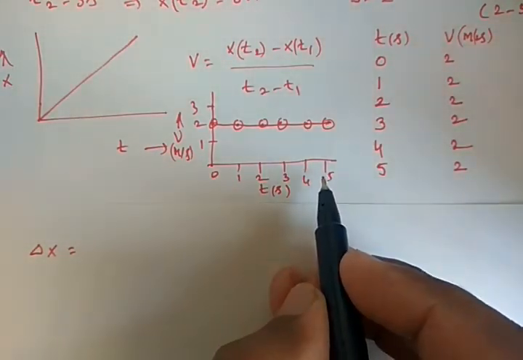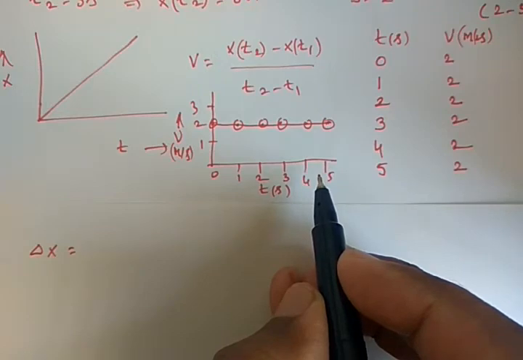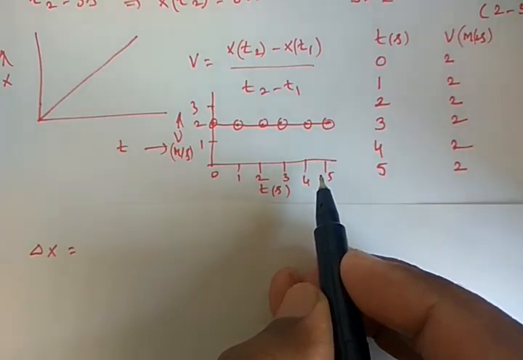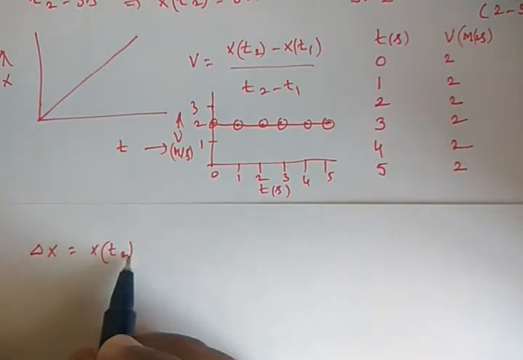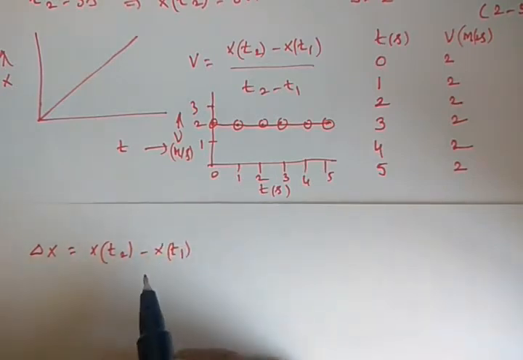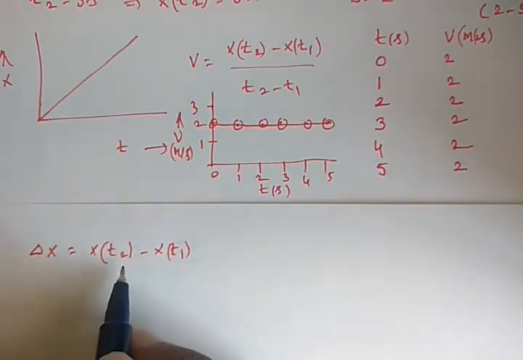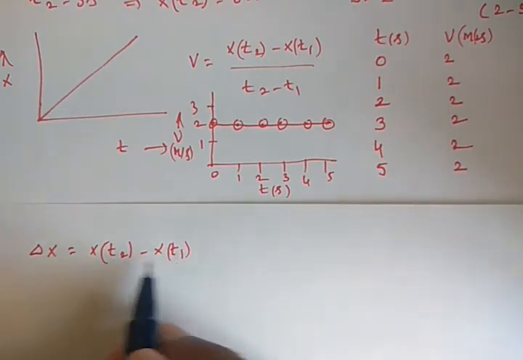We know from the data points, when time t is 0, position is 0. When time t equals 5, then the location of the body is 10 meter from the reference frame. So it is x of t2 minus x of t1. So now the question is the change in position between time t is 0 and t is 5.